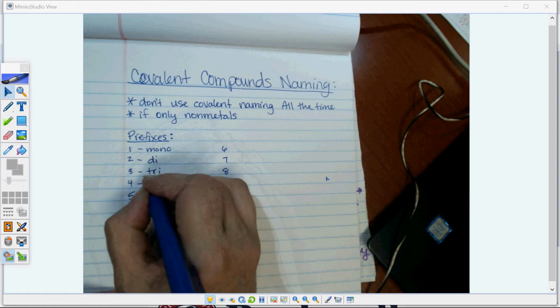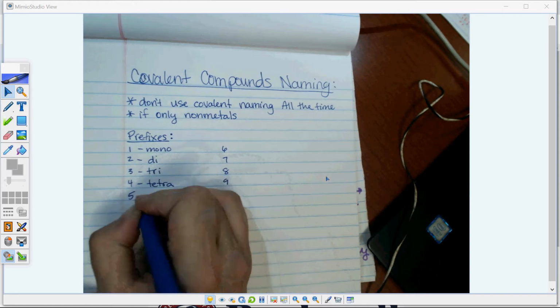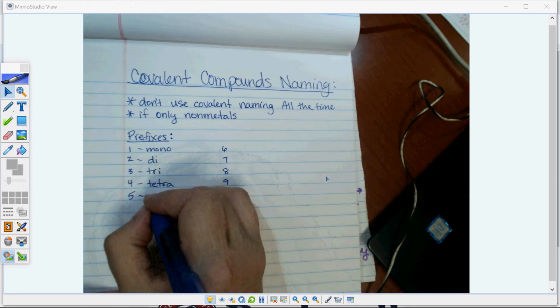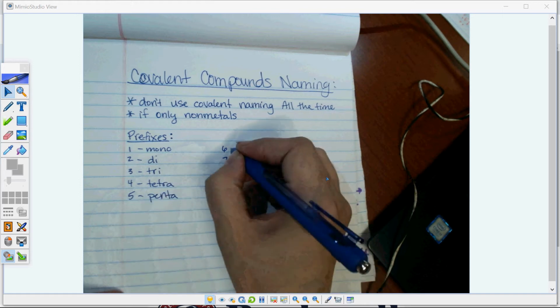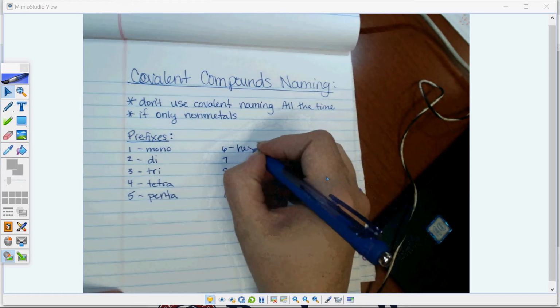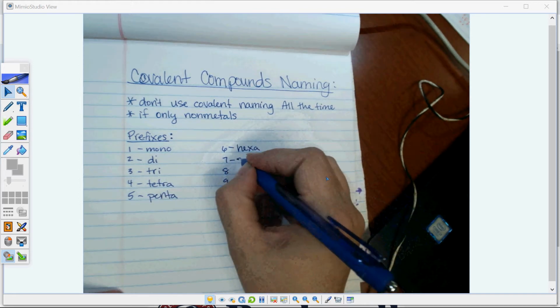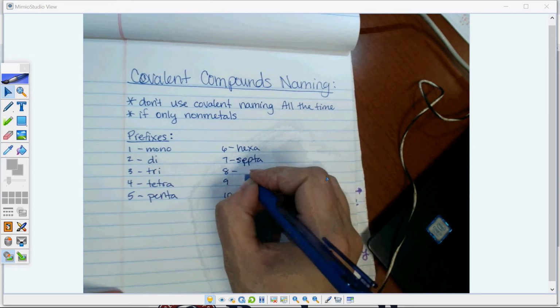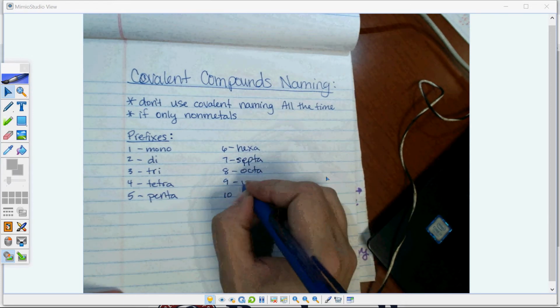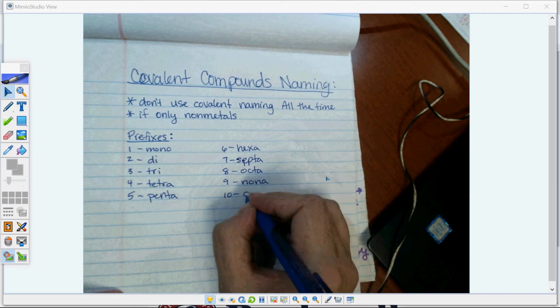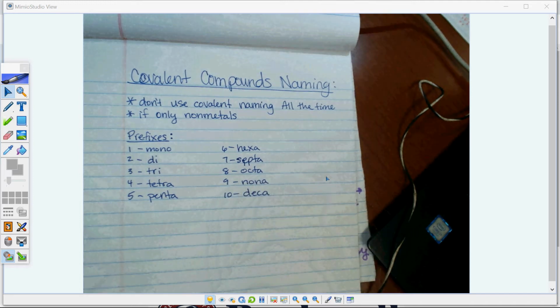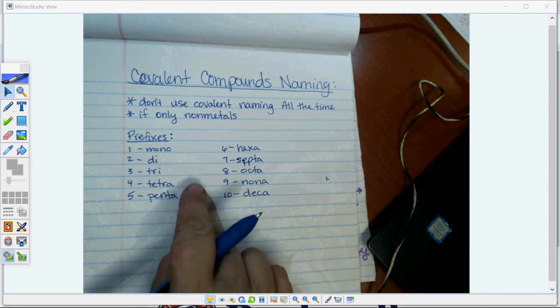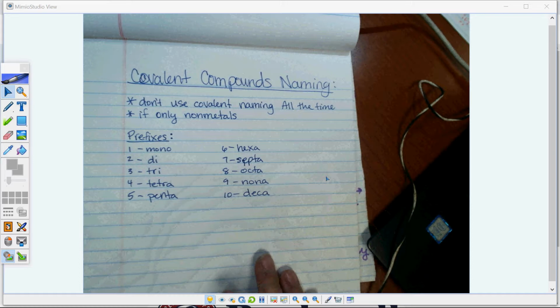Tri for 3. Tetra for 4. Penta. Hexa. Septa, octa, nona, and deca.